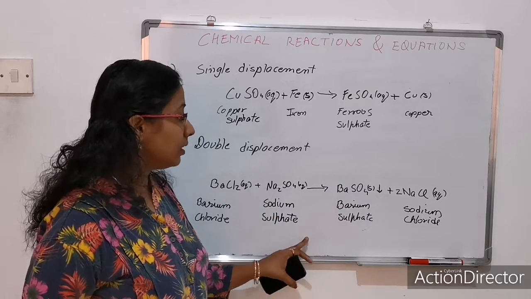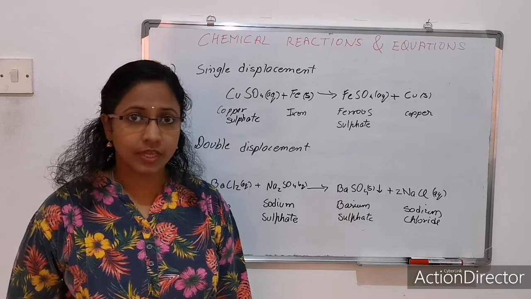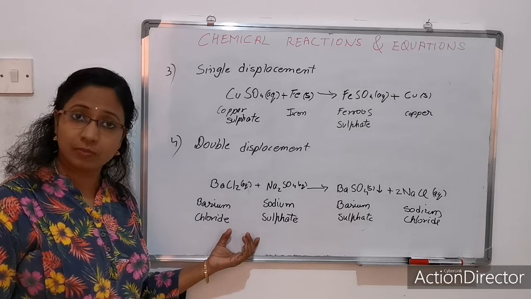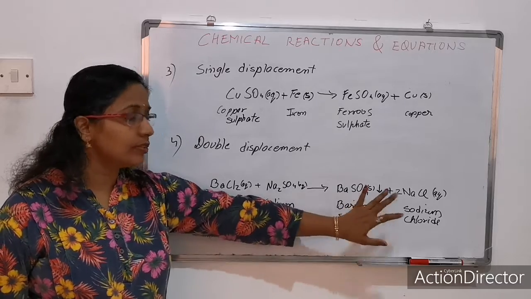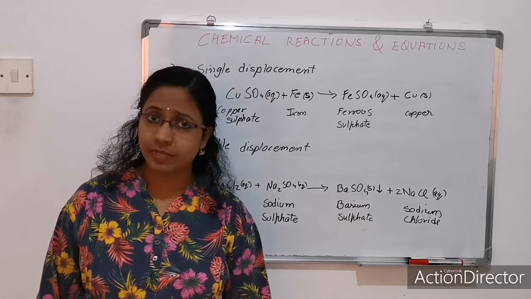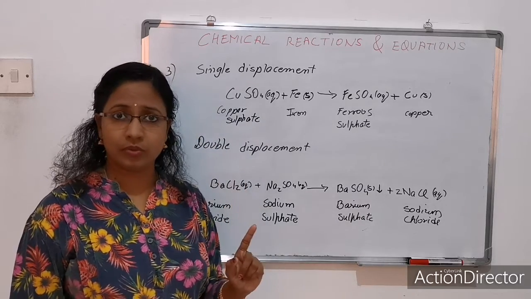So this equation can also be used as a precipitation reaction, and that's why I'm using this. There are many double displacement equations, but the best one is which is also an example of precipitation. So that one example only you need to know.